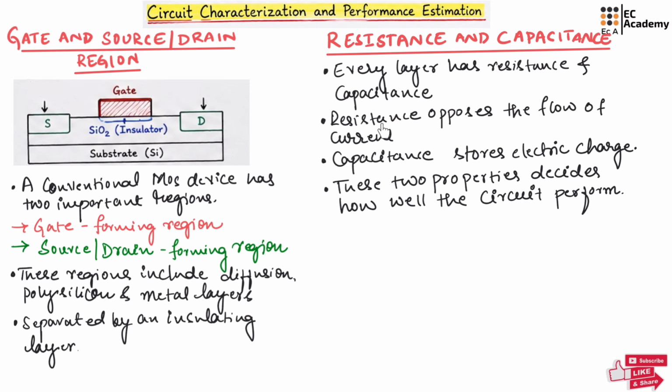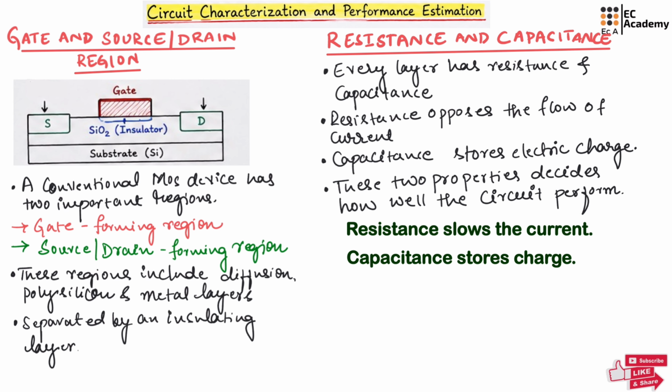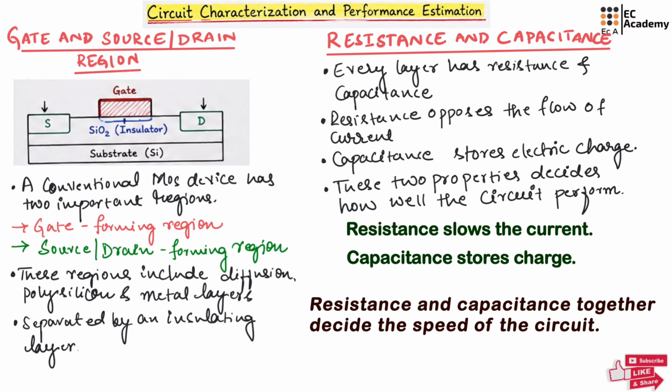Because of this, the circuit becomes slower. So you need to remember, resistance slows the current and capacitance stores the charge. Again, resistance and capacitance together decide the speed of the circuit. So this is a very important point to remember.